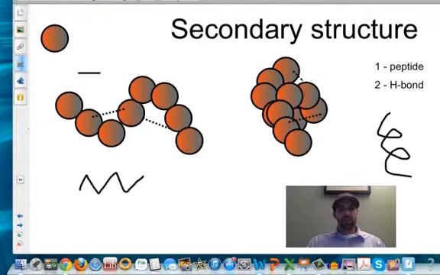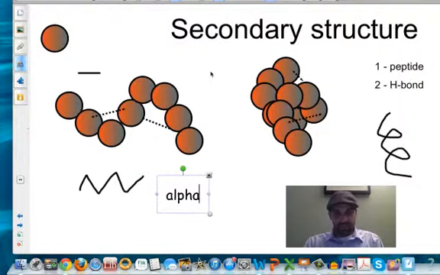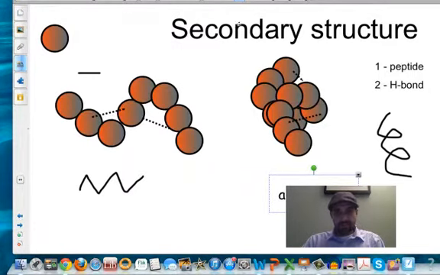Okay, so we have the alpha helix. That's not where I want it. Alpha helix, which is this guy to the right, and you can of course abbreviate that, the alpha, as a typical Greek letter alpha, and over here it's beta.